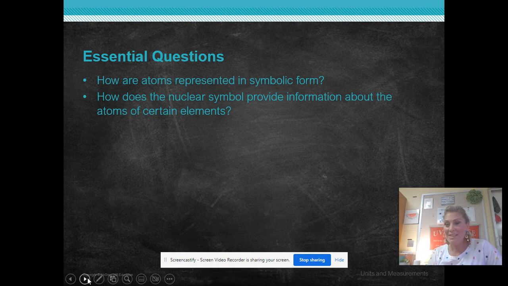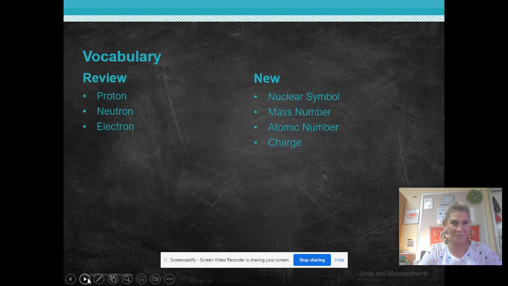The other thing we need to make sure we are able to do is look at that nuclear symbol and pull the information provided in that symbolic representation. So these are the two questions we should be able to answer at the end of this lesson.